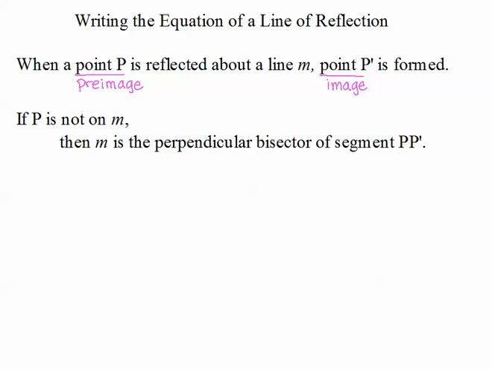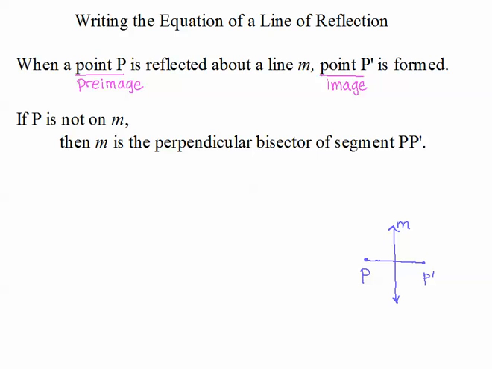Okay, so if we start with kind of a sketch, let's see what that looks like. We've got a point P being reflected about a line M, and that's going to create point P prime. Now, from what we've talked about in class, remember this segment connecting them is cut into two congruent parts.